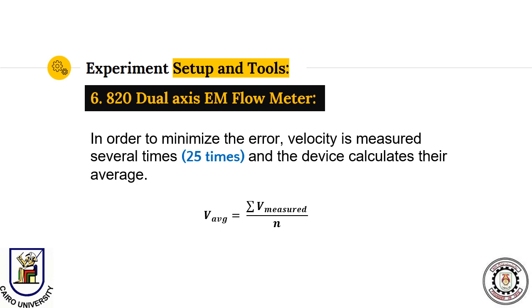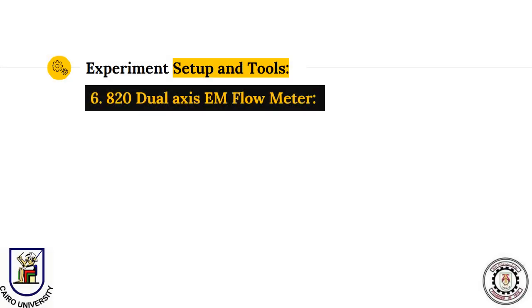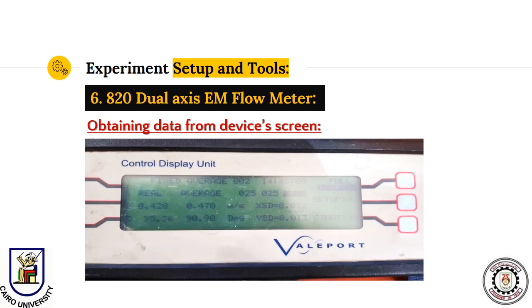In order to minimize the error, velocity is measured several times, 25 times, and the device calculates their average as shown in the following equation. The following photo shows how to obtain data from the device.